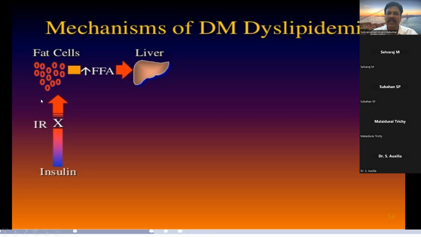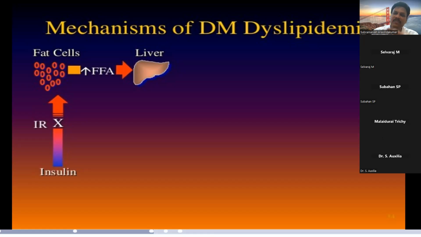This increased free fatty acid because of insulin resistance causes more havoc. Free fatty acid generally has to get stored in adipose tissue.